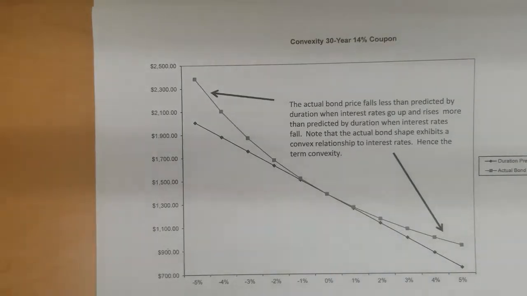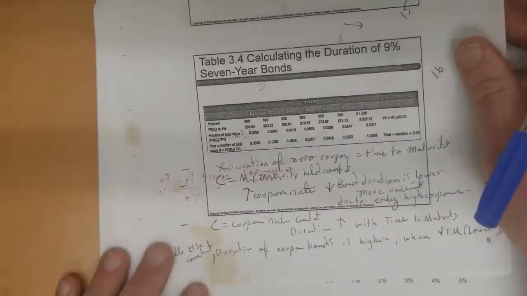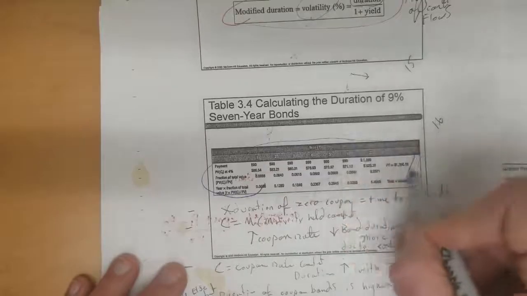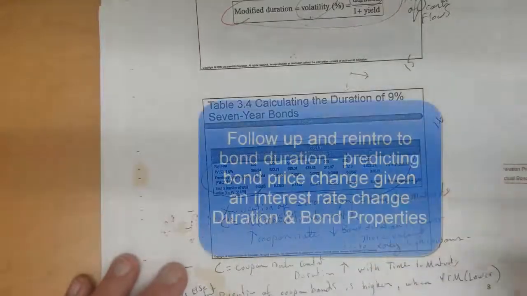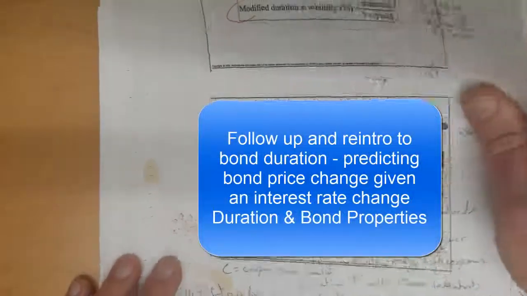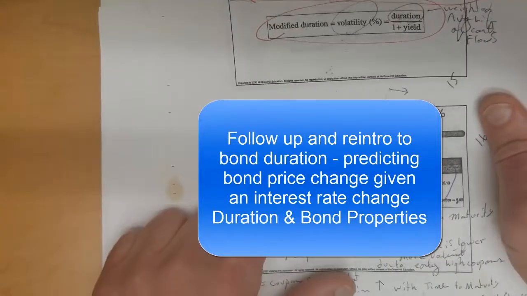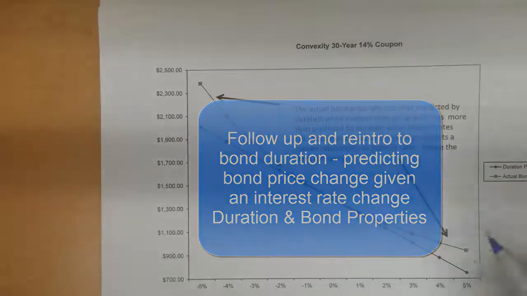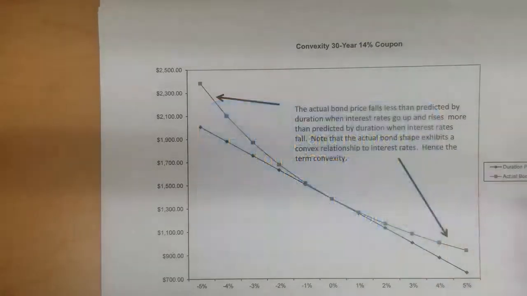Again, as we look at this chapter right here, this is them working out the duration and the volatility. That's worked out in table 3.4 in your textbook. But let me show you something here real quick. As I said before, when you have an interest rate change, the bond price doesn't change one for one.